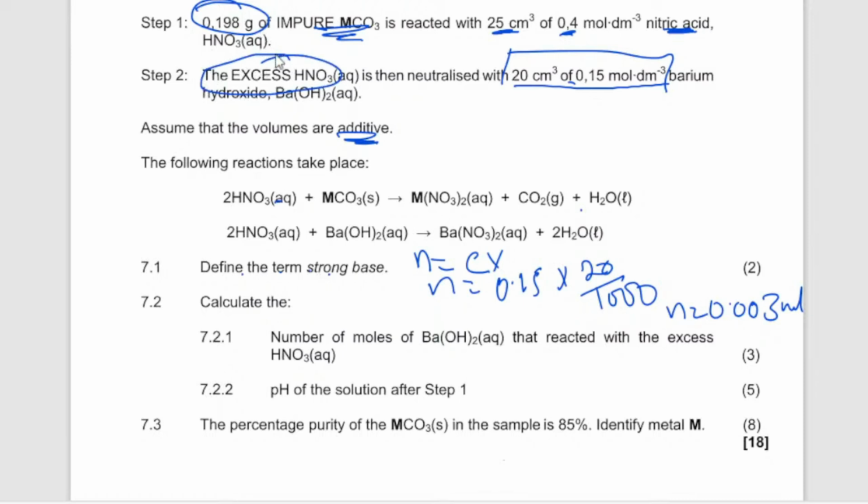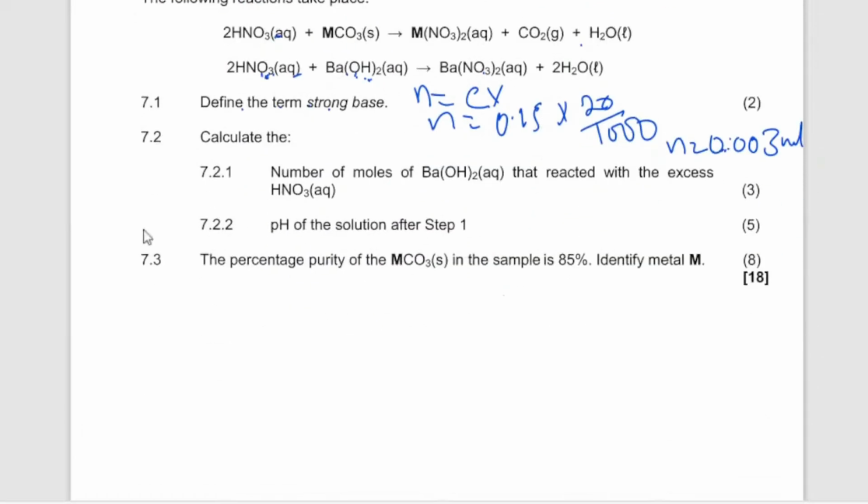Understand? Yes. But now we have to first compare the number of moles of barium hydroxide to nitric acid, because you know the number of moles of barium hydroxide, then automatically we can find the number of moles.